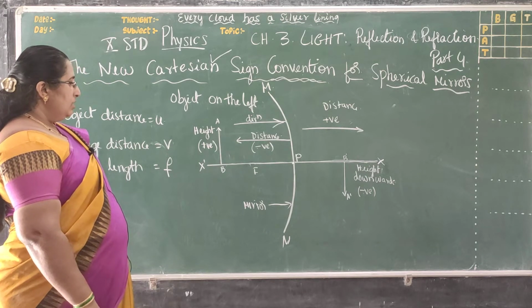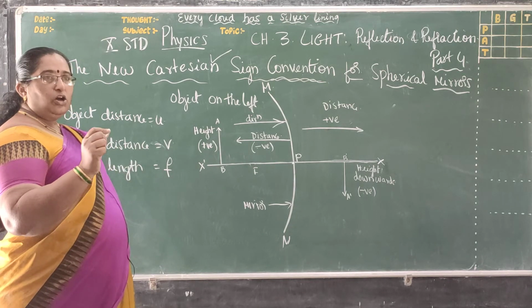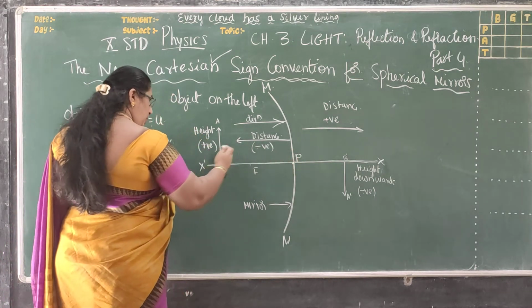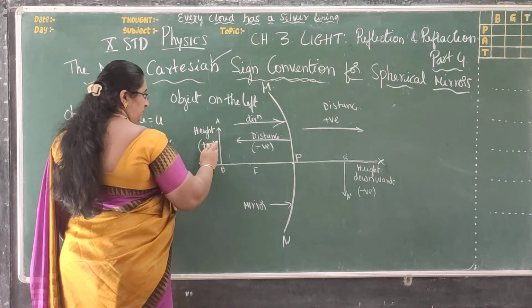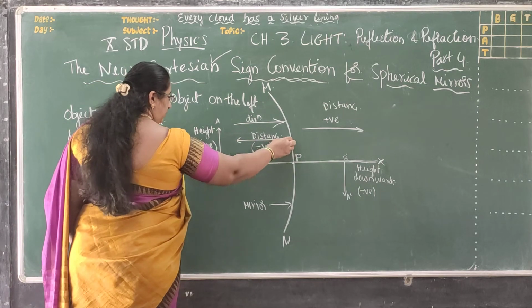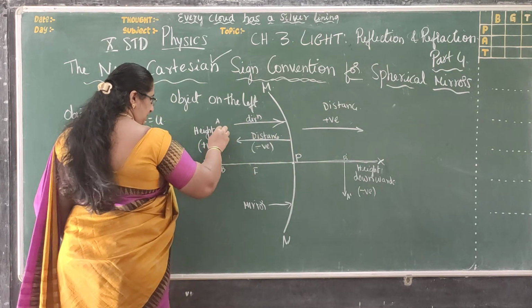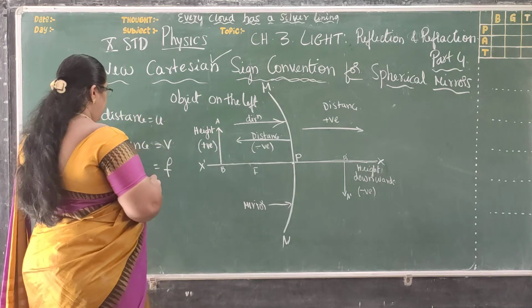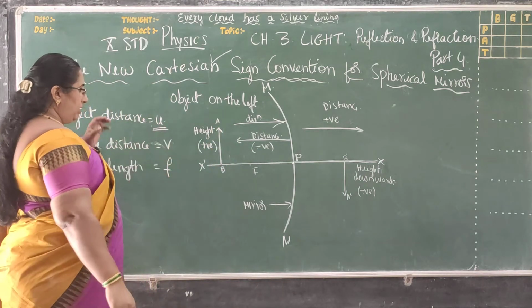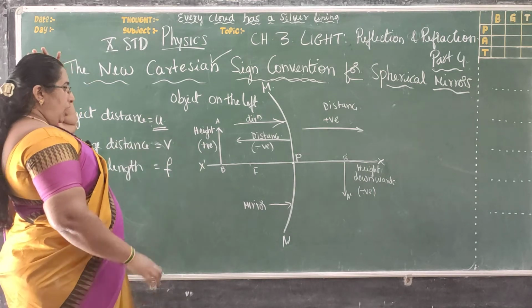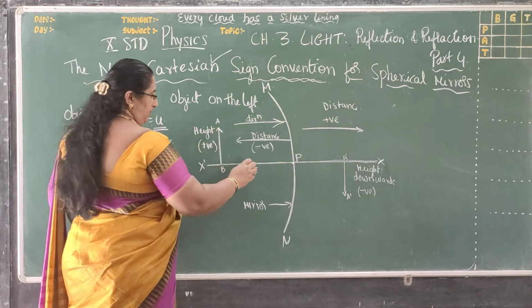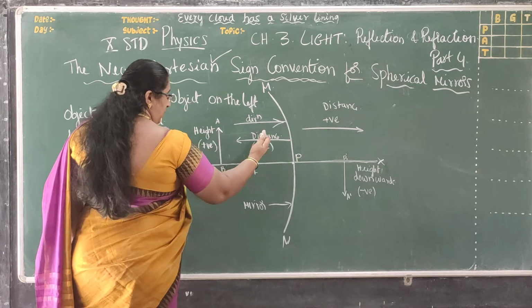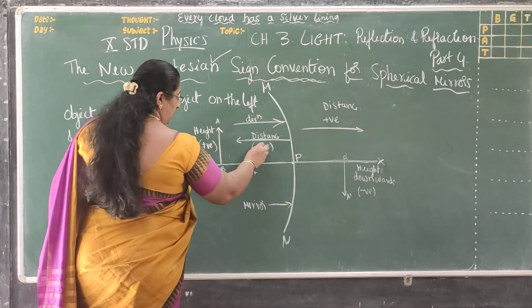Then the distance of the object is always measured from the pole towards the left, towards the object. The object is here, AB. The object distance is denoted by small u. It is always measured from the pole towards the left, so it is negative.